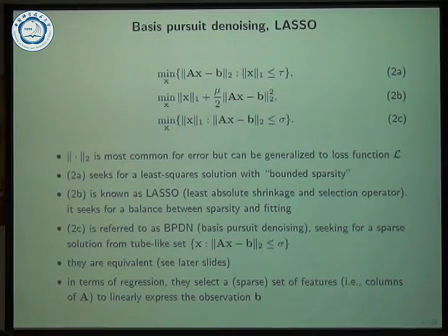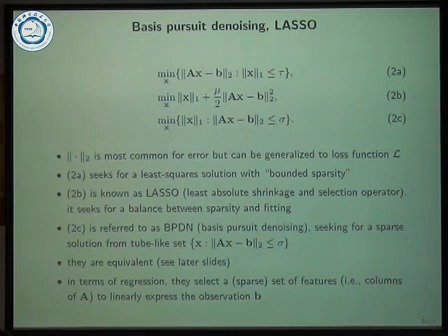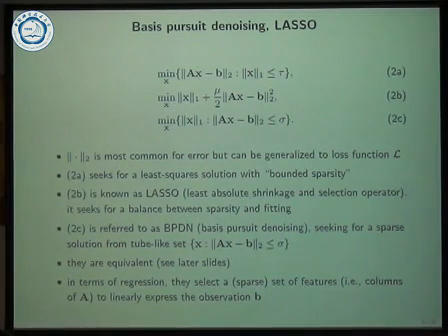In the next lecture, tomorrow, I'm going to tell you why they are equivalent. Roughly speaking, I can find tau, mu, and sigma so that the solution sets of these three are exactly the same. But these models are also different.